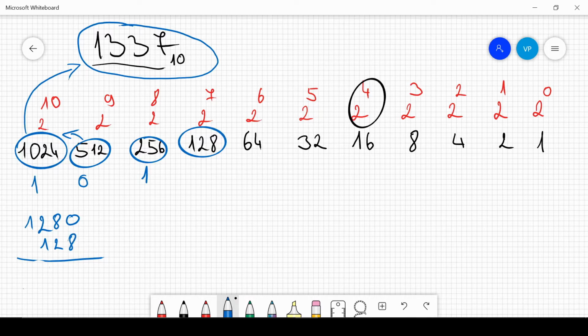So 8 plus 0 is 8, 2 plus 8 is 10, 1 goes forward, 2 plus 1 is 3, plus 1 is 4, and 1. Thus does 1408 go in 1337? No, since it's too large, so we write 0 under 128. Let's delete this one, and let's move to the next step.